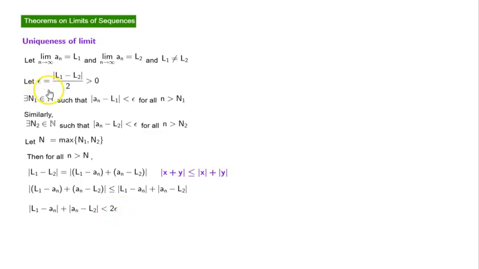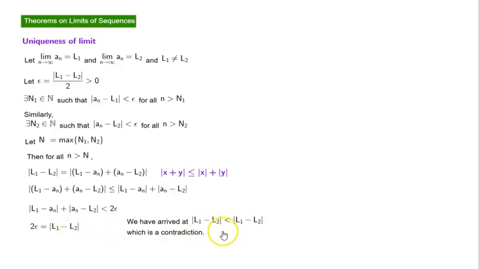Because remember here we have epsilon equal to magnitude of L1 minus L2 by 2. So 2 we take to the other side, and we have 2 epsilon is equal to magnitude of L1 minus L2. So we have arrived at magnitude of L1 minus L2 is less than magnitude of L1 minus L2.